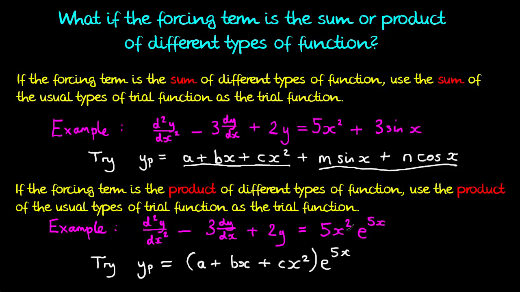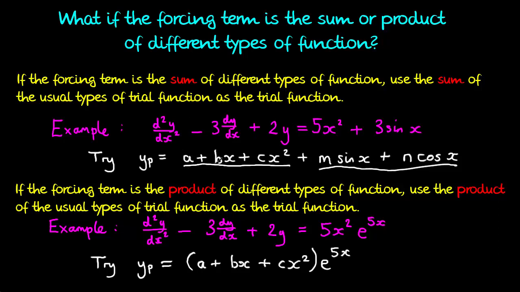And so normally for just the x squared bit, we'd use a + bx + cx squared as our trial function, and then we'd multiply by e to the 5x. And of course, in both of these examples, you should first of all check that the trial functions don't duplicate anything that we've already got in the complementary functions.